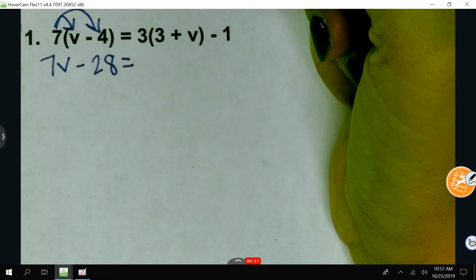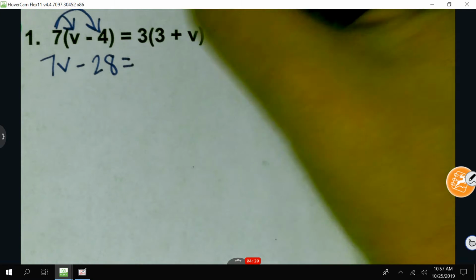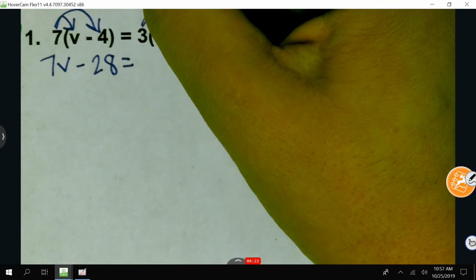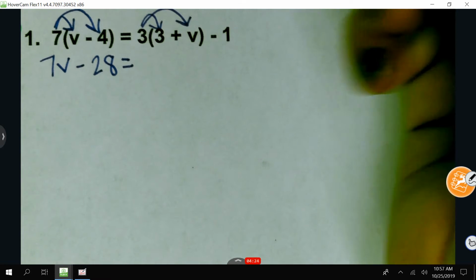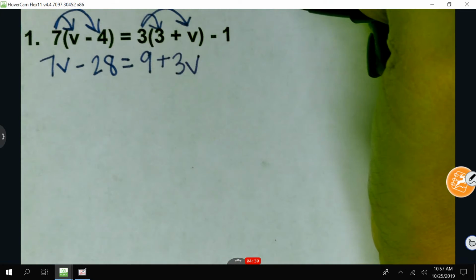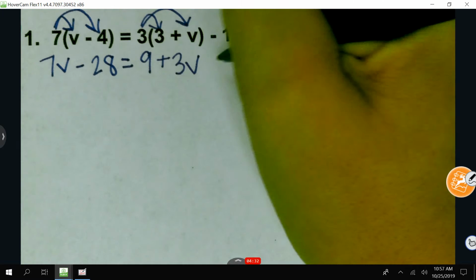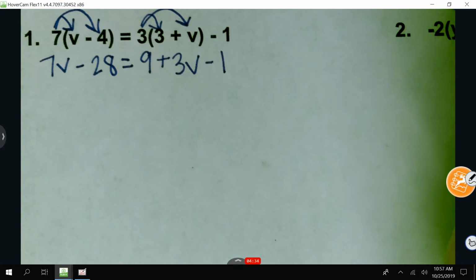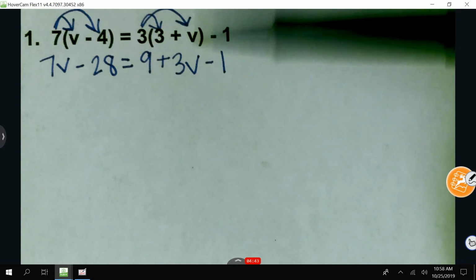Do I need to distribute on the right? Yes, I'm going to distribute a 3. So what does that give me? 9. Good. 9 plus 3v. And then I need to bring that minus 1 down. What's next?